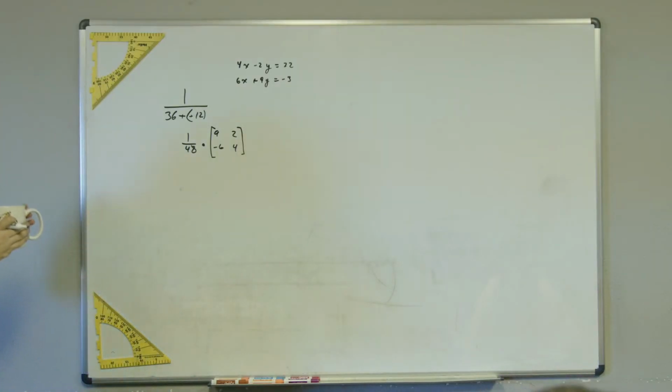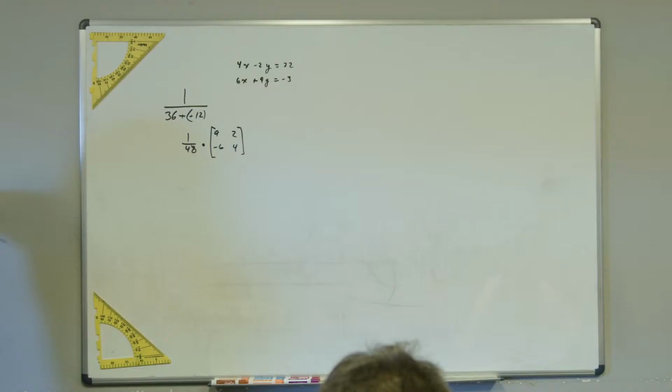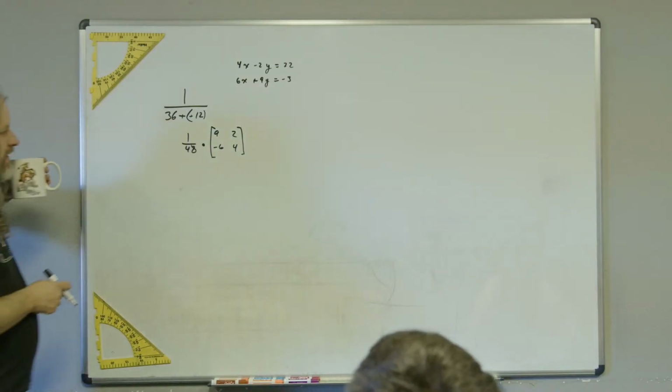So 1 over 48 times 9 is what? It's 9/48, but it definitely reduces. 3/16.